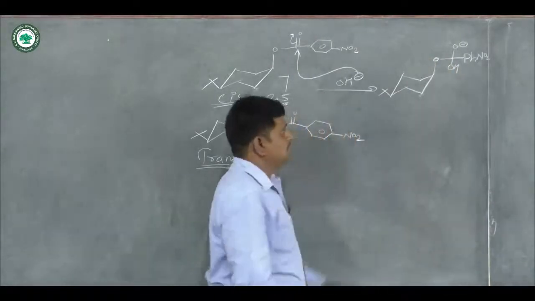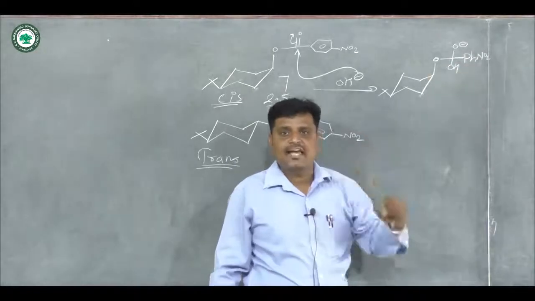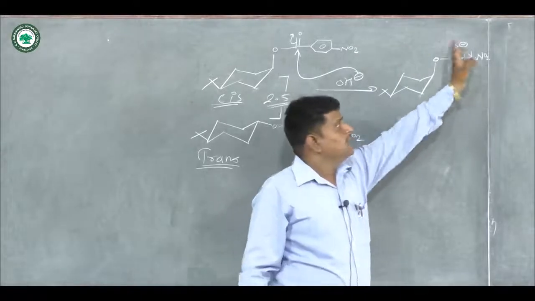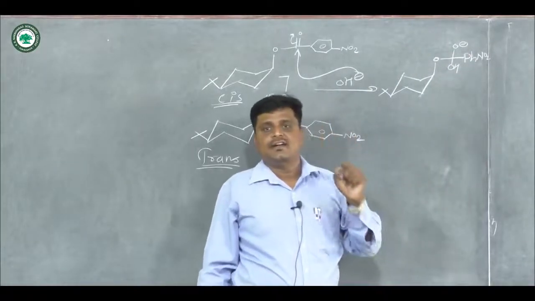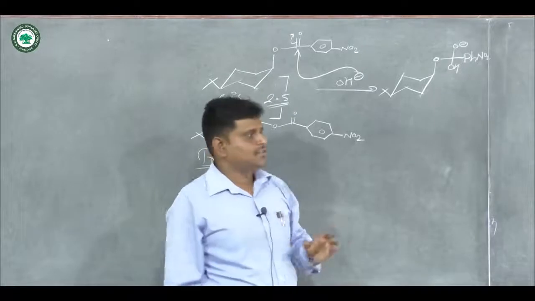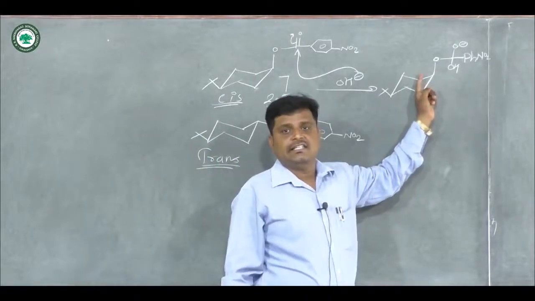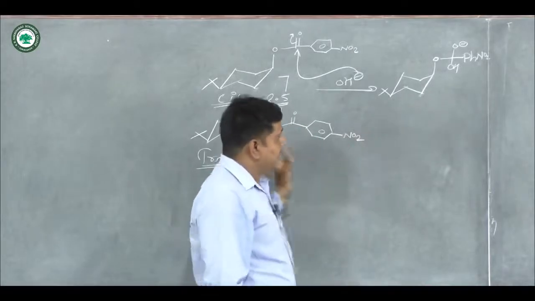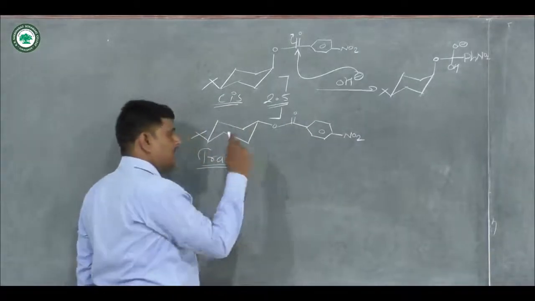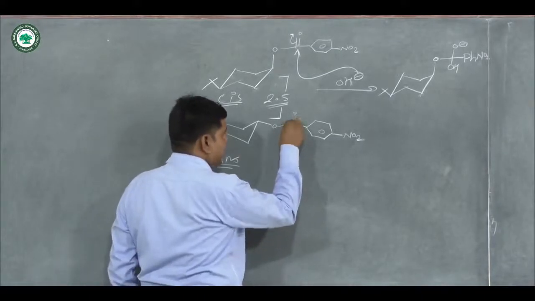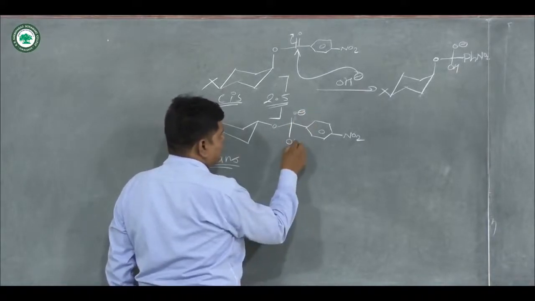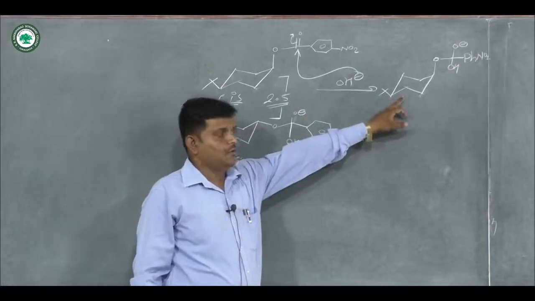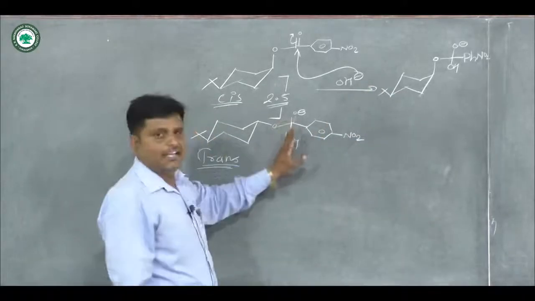This bulkier group is not exactly on the axial position, so it does not affect much the stability of the cyclohexyl ring. In the second case also, the bulk is at the equatorial position.